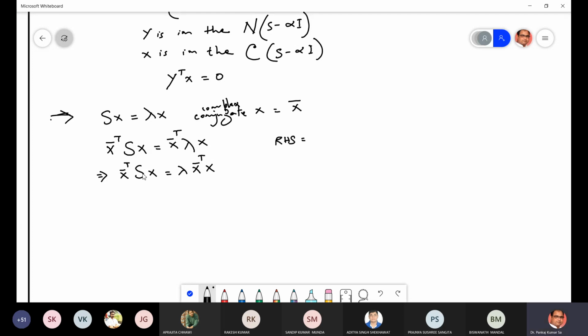Now, this is where we are. We need to prove that lambda is real, right? Lambda is real.